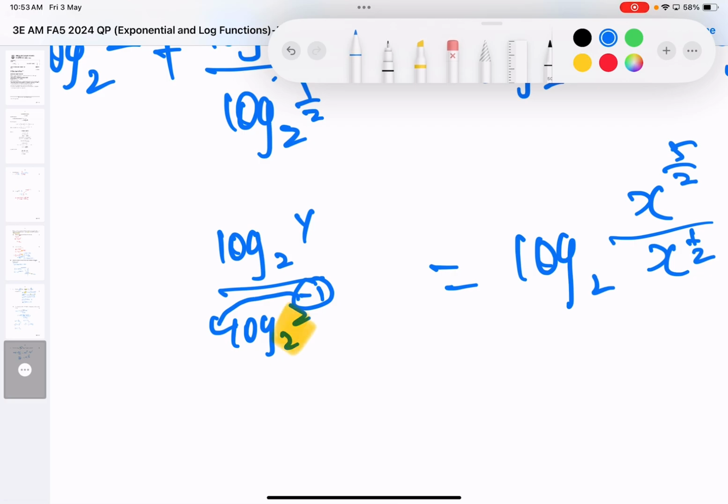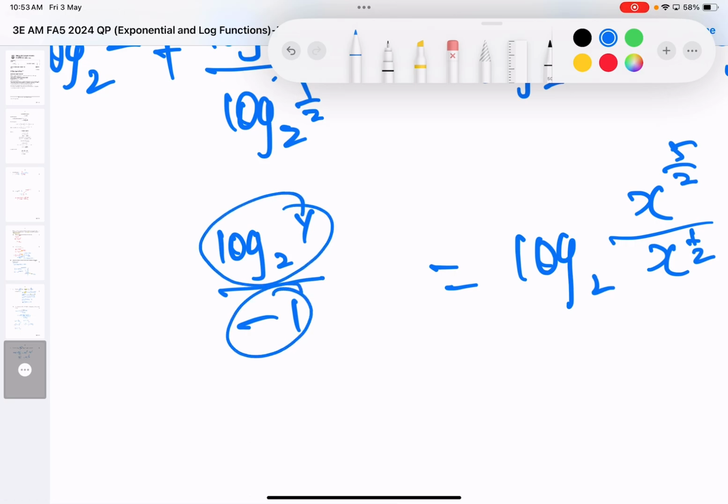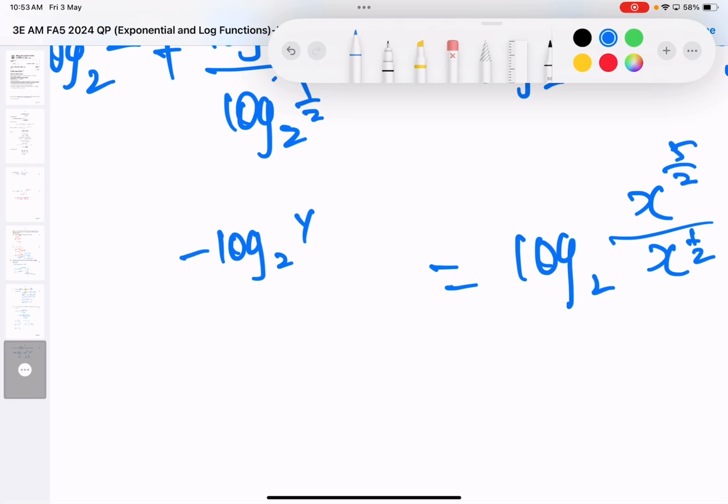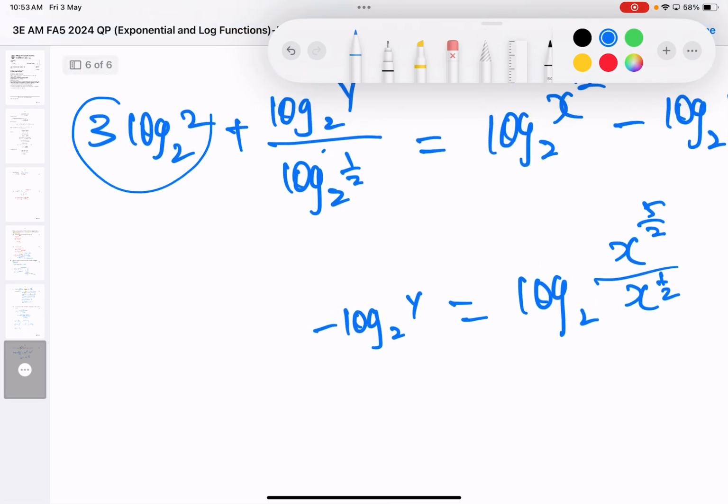What is log 2? 1. So my denominator is just going to be negative 1. So when I take something divided by negative 1, will you not agree with me it's the same as negative? So this is just negative. Correct? Anyone disagrees?